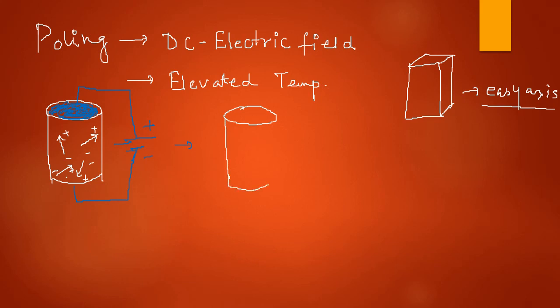Here all the dipoles will get aligned. It will be all aligned like this. This is plus, minus, plus, minus, and this terminal you have taken as positive and this electrode as negative, so they will be aligned this way, if you have a sufficient number of them.